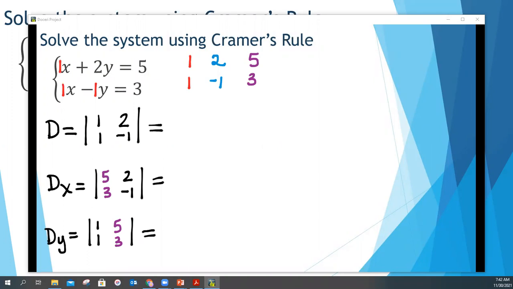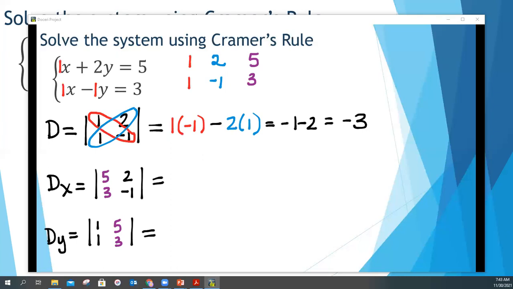So for the first one, when we're cross multiplying, remember we're going to multiply 1 times -1 minus 2 times 1. And that gives you -1 minus 2, which is -3.